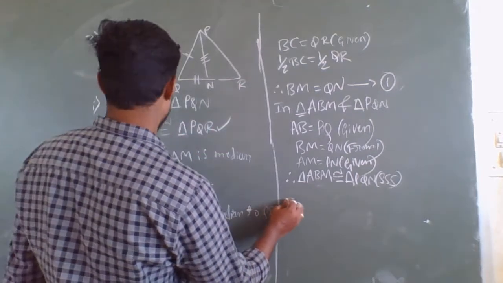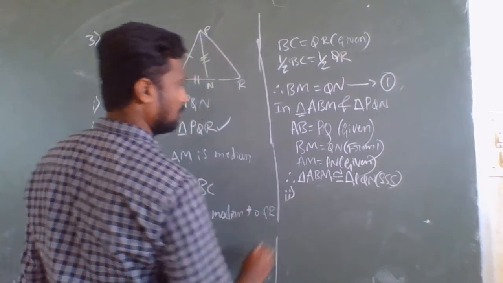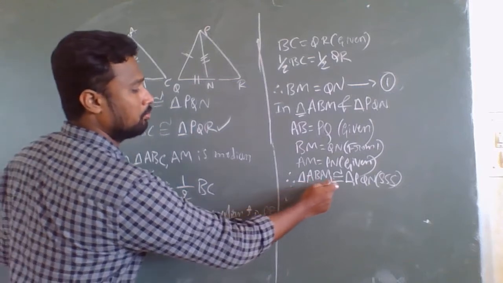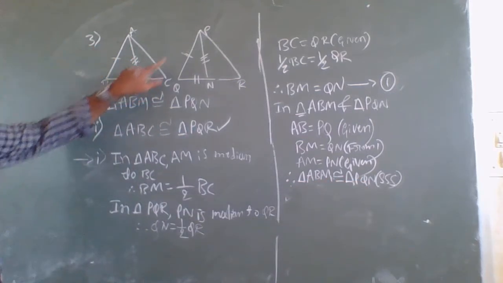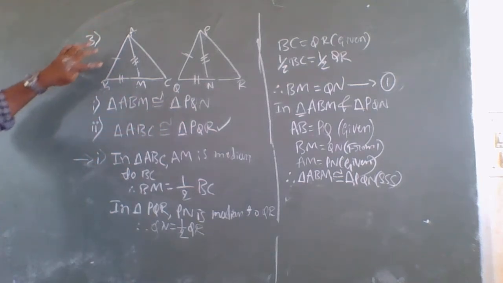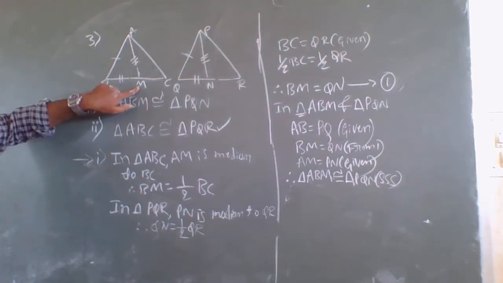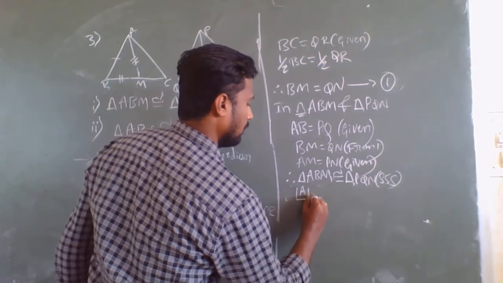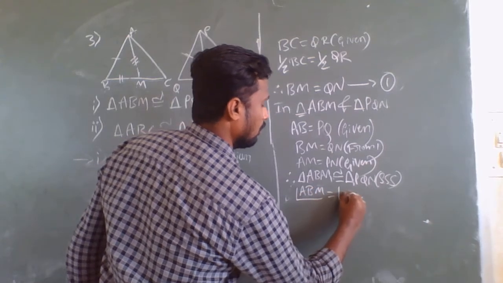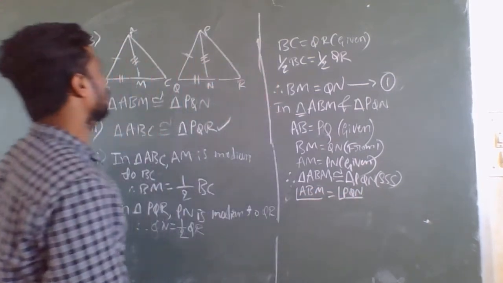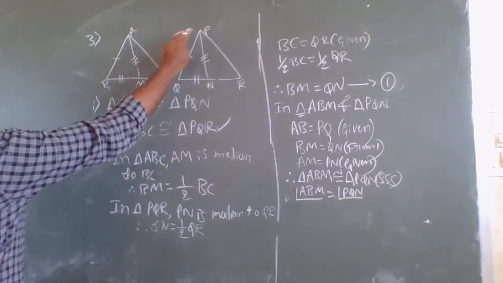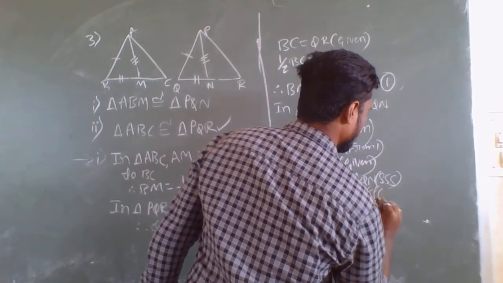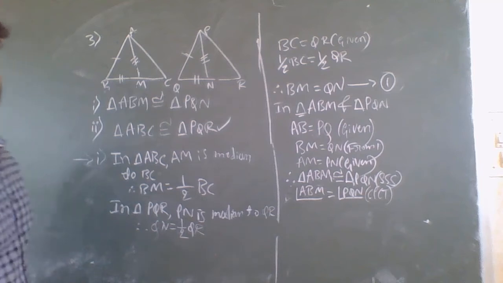Next, second. By this, if ABM is congruent to PQN, then we can write that angle ABM is equal to angle PQN, because of CPCT, corresponding parts of congruent triangles.